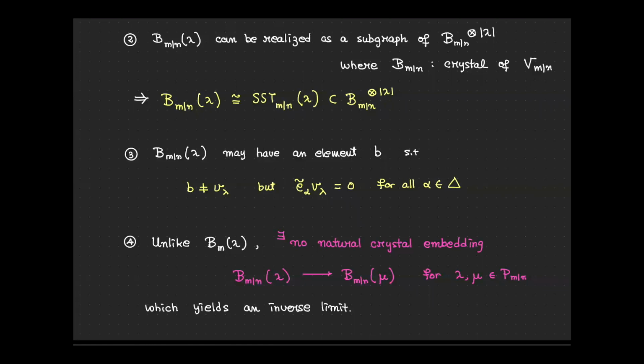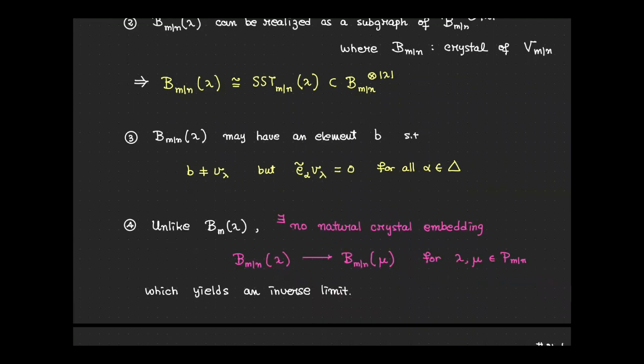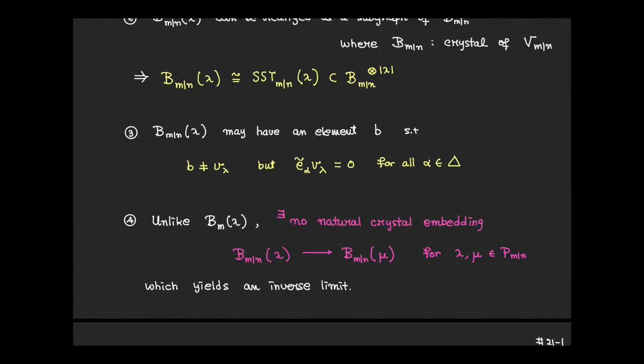Of course there is an insertion scheme for the hook semi-standard tableaux which is compatible with the crystal structures, but no natural embedding of the two highest weight crystals. That's why it is difficult to think of a crystal of the negative half of the quantum group. I will talk about how to overcome this difficulty in the second lecture.